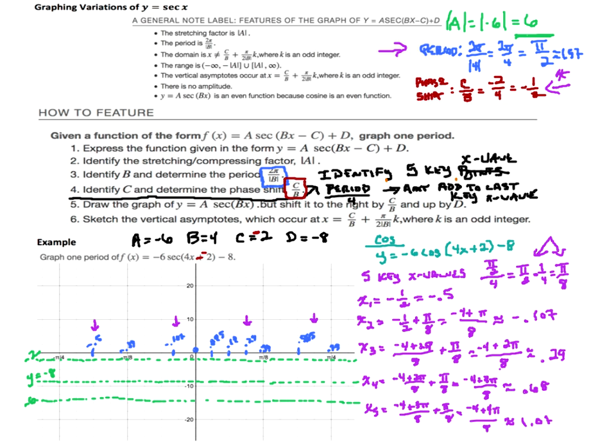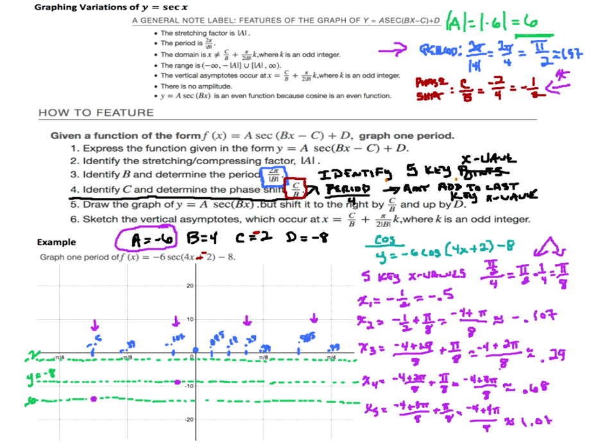Okay, so remember, cosine starts in its parent form. It starts at 0, 1, and it coasts down. But notice this A value is negative, so I have the reflection. So my cosine actually starts at the bottom and goes up.